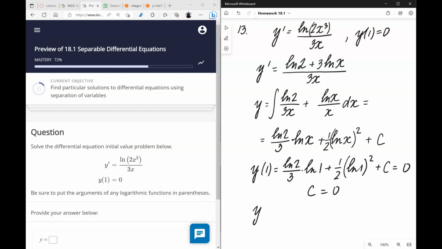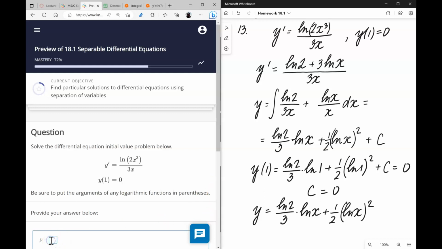And that means the final answer is y is equal to ln of 2 over 3 times ln of x plus 1/2 ln of x squared. And let's type that.